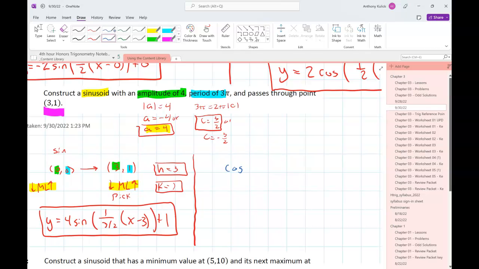So what if we had made the unfortunate decision of trying to use a cosine function here? Which is fine, it's not really that unfortunate. So 0, 1 would be the one that we'd want to use, right? 0, 1 is a maximum. So what kind of point should we pick 3, 1 to be? Maximum.